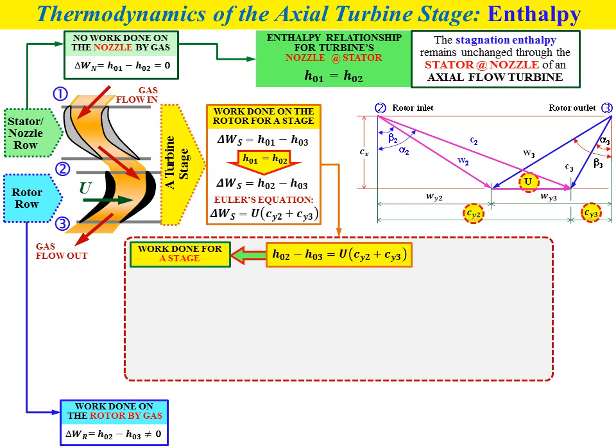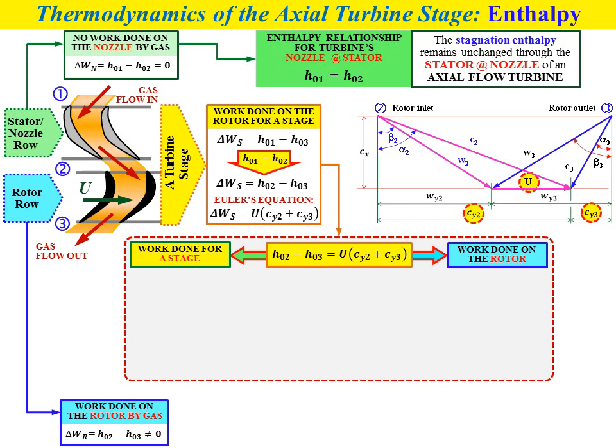However, if we look at the enthalpies involved, such as H02 minus H03, 02 is the inlet condition of the rotor, and 03 is the condition at the outlet of the rotor. So this equation is also similar to the equation for work done on the rotor. Both a stage and the rotor use the same equation because no work is produced or done on the nozzle by the gas.